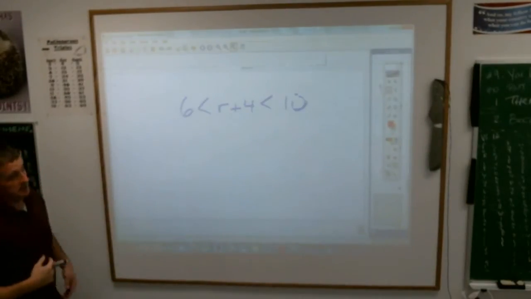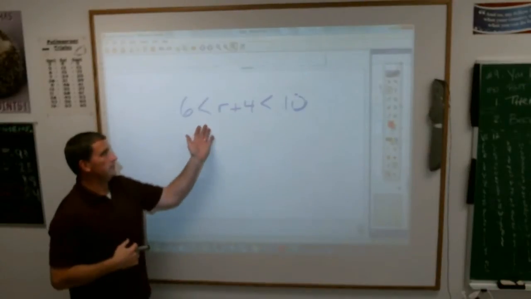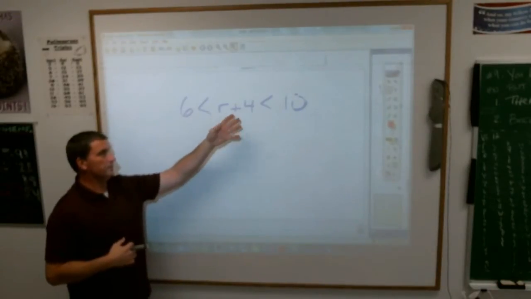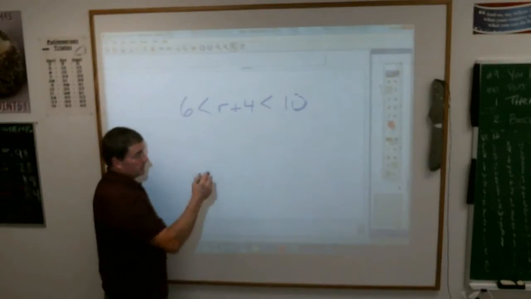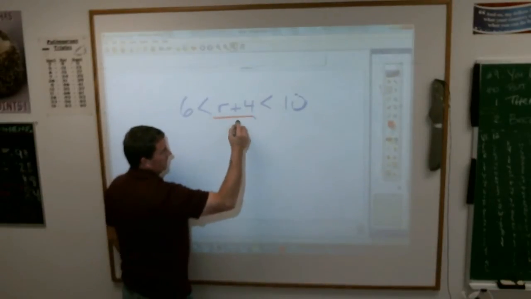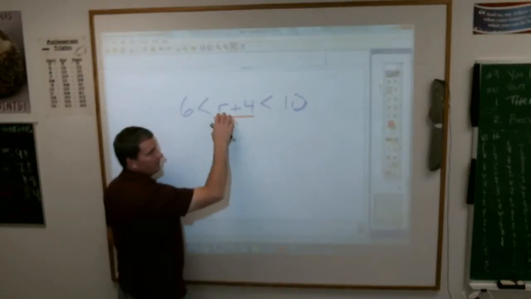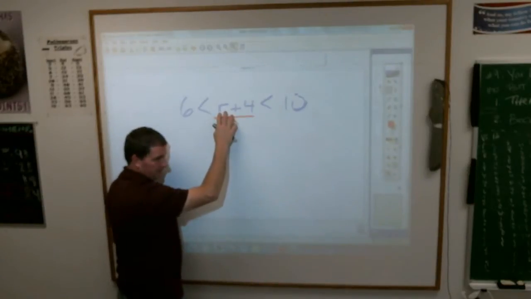Now you could say this like this: r plus 4 is greater than 6 and r plus 4 is less than or equal to 10. You need to change this so that there is just the variable in the middle. I want the r by itself.